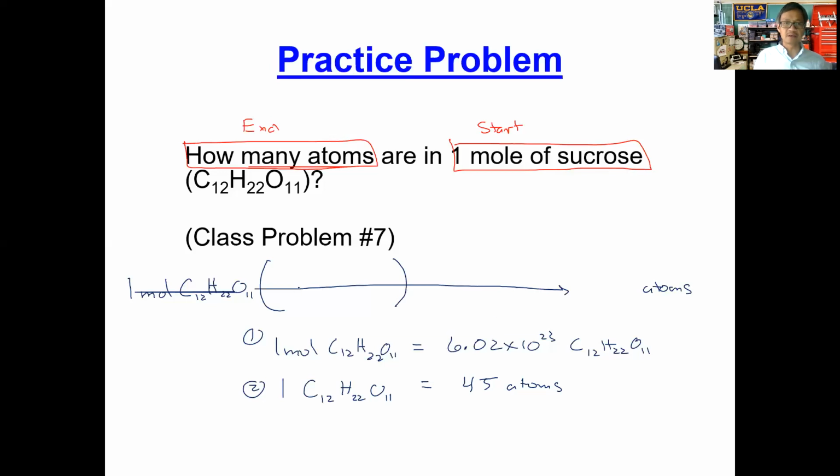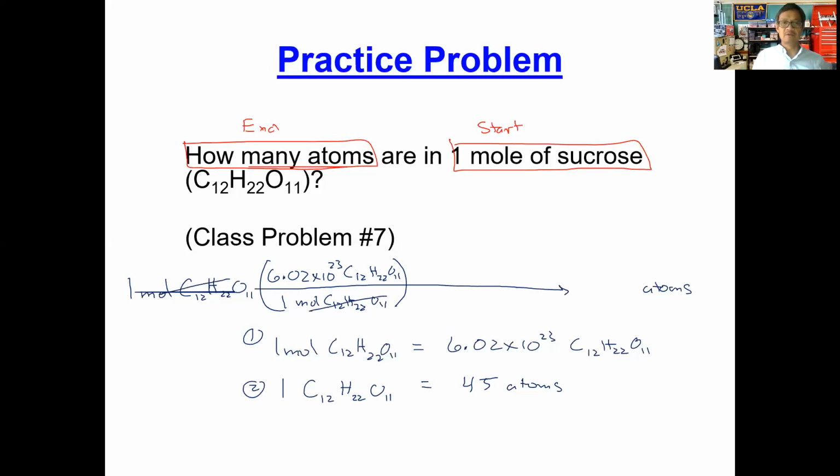Let's plug in the first one. We need to use the first one here. Why? Because we have moles of sucrose here. So we have 6.02 times 10 to the 23rd particles of C12H22O11 for every 1 mole of C12H22O11. This takes care of that unit.